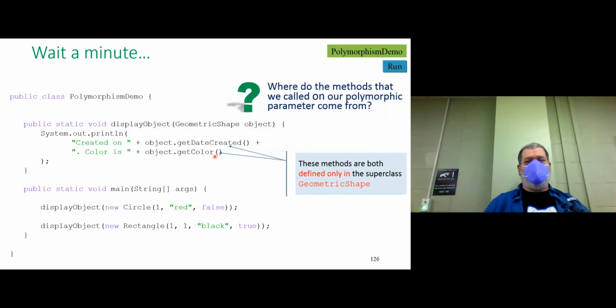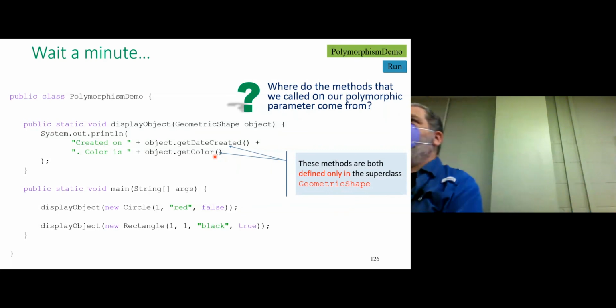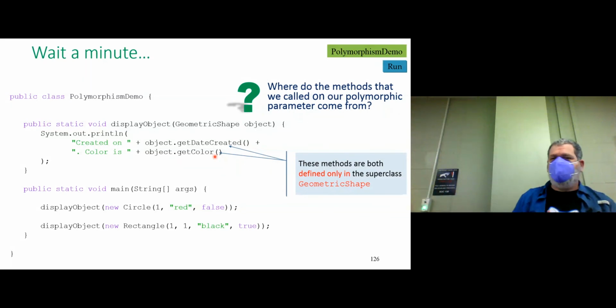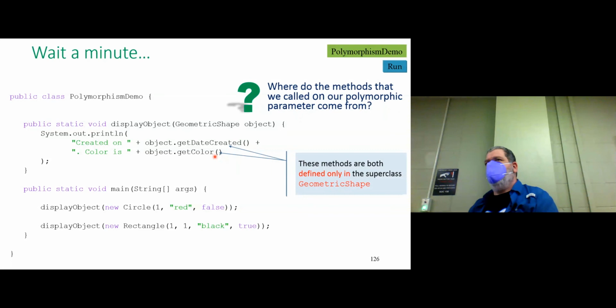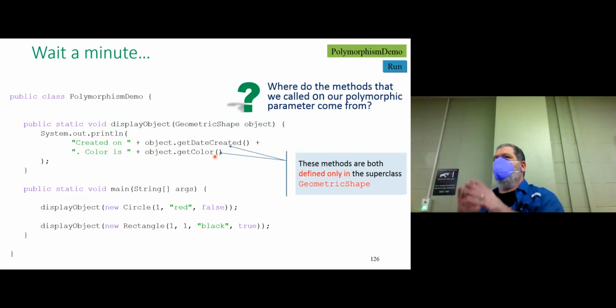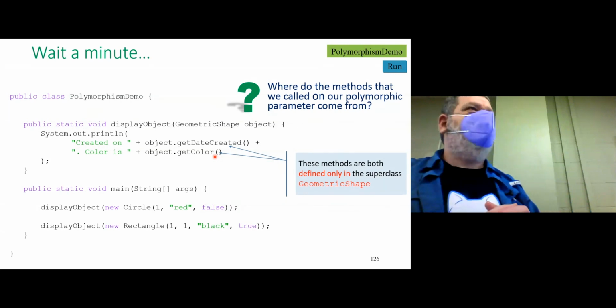You are always going to find getColor and getDateCreated in my object because my objects are of a subclass. Question? Where would the visibility modifiers make an issue here? So here the visibility modifier would not make an issue because you say your parameter is geometric shape, you call a method of type geometric shape, no problem. Good question. All right.